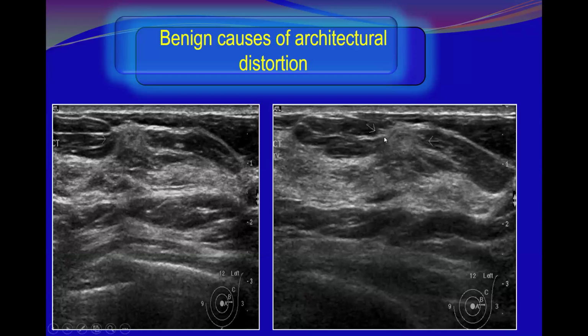Yes, I can see here a hyperechoic mass-like lesion bulging beyond the contour of the fat glandular interface into the pre-mammary zone or subcutaneous fat, with thickening and pulling of the Cooper ligament. But in this case, it was just a fibrous ridge, and it was stable for at least 3 years on follow-up.